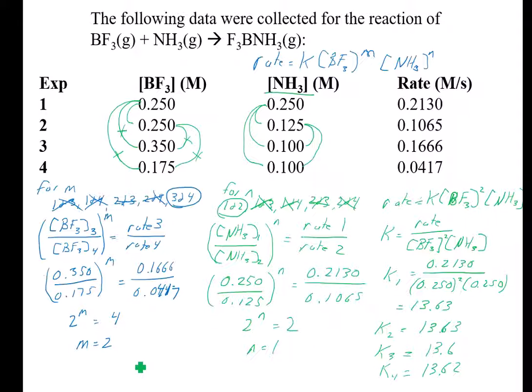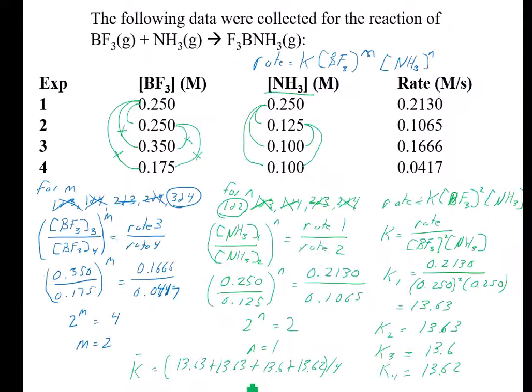The average K is 13.63 plus 13.63 plus 13.6 plus 13.62, divided by 4.